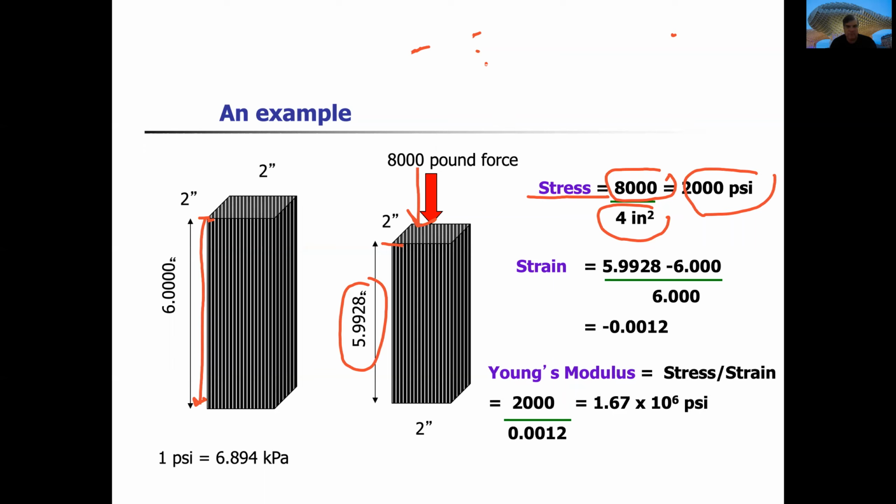And that will be divided by the real dimension that the material had originally, that is 6. Well, the change of dimension, that is the strain, was 0.0012. It's the change of the dimension in relationship with the original dimension. The Young modulus is very simple. It's stress divided by strain. And we can look here, that is 2000 divided by 0.0012, that is 1.67 multiplied by 10^6 psi.